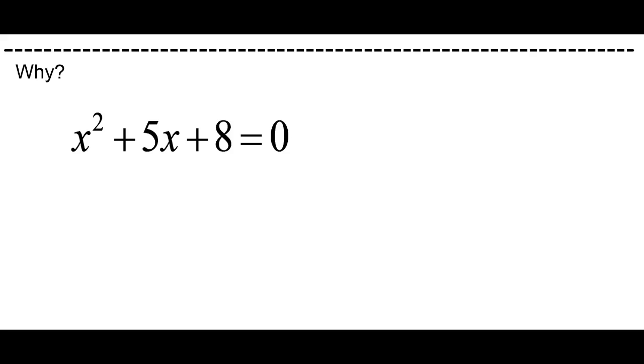So when you can't factor a quadratic equation, what you have to do instead is use the quadratic formula. And just to remind you, because it may have been a while since you've thought about this, the quadratic formula looks like this. Negative b plus or minus the square root of b squared minus 4ac all over 2a.